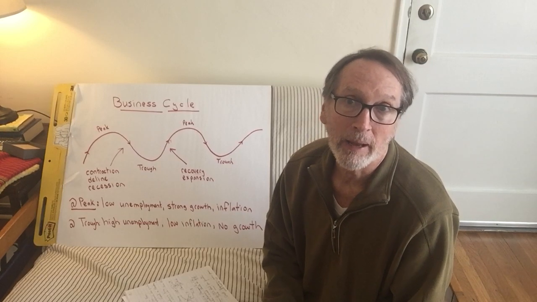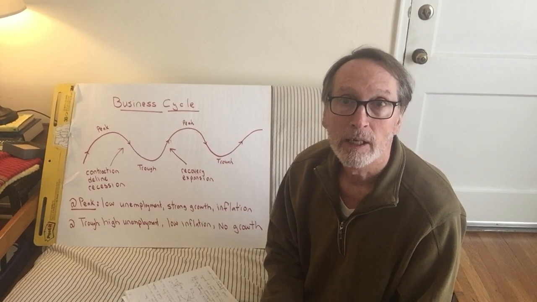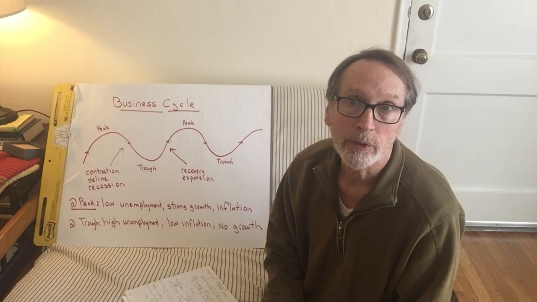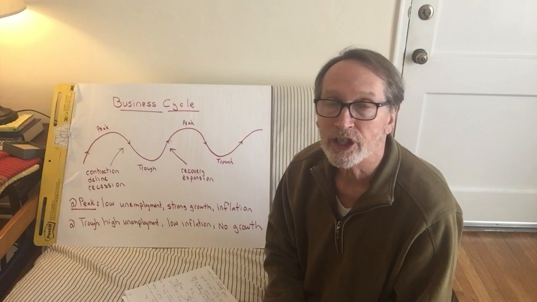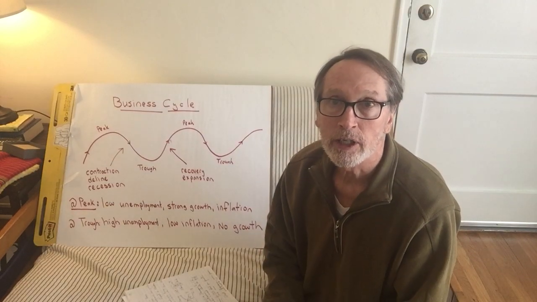Obviously, they regulate the banks, the Federal Reserve banks. Not all banks are Federal Reserve banks. Some are state banks, but they're all overseen and managed to varying degrees by the Federal Reserve.